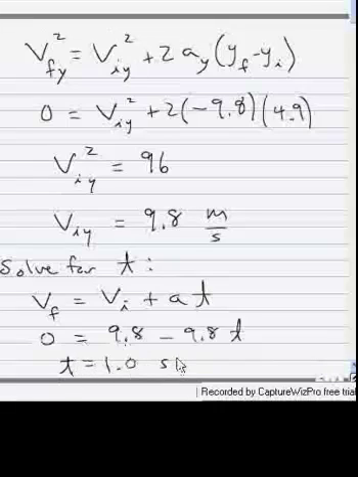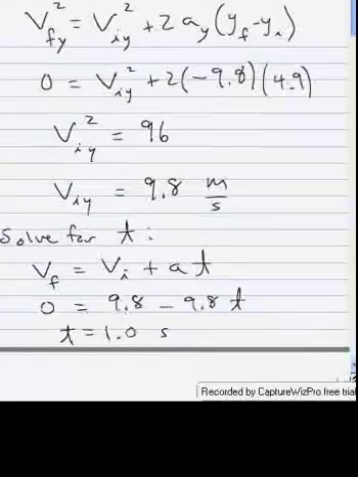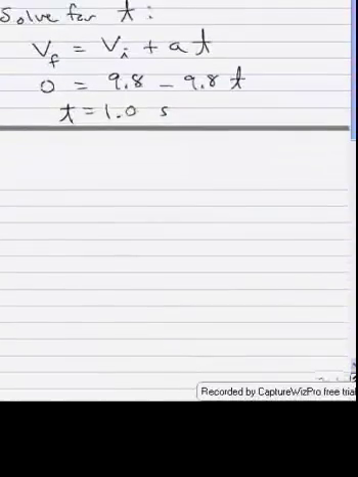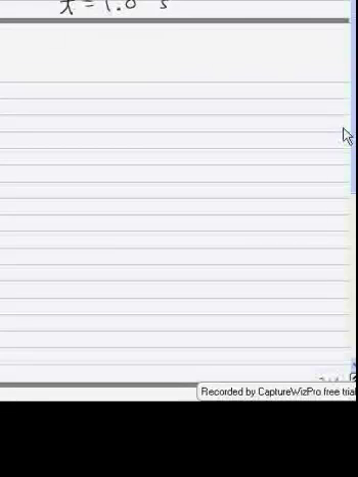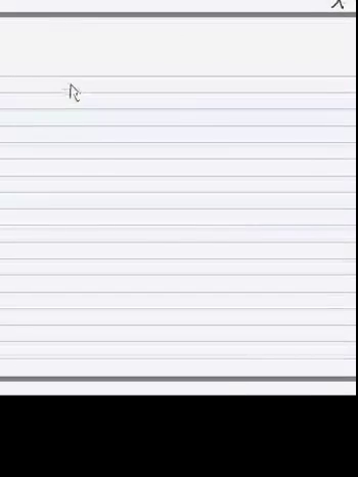And we get t is 1 second. So we know our initial velocity in the y direction, and we know our time. Let's draw a little picture of what the velocity is going to look like. Initial velocity in the y direction is 9.8. We just solved for that.